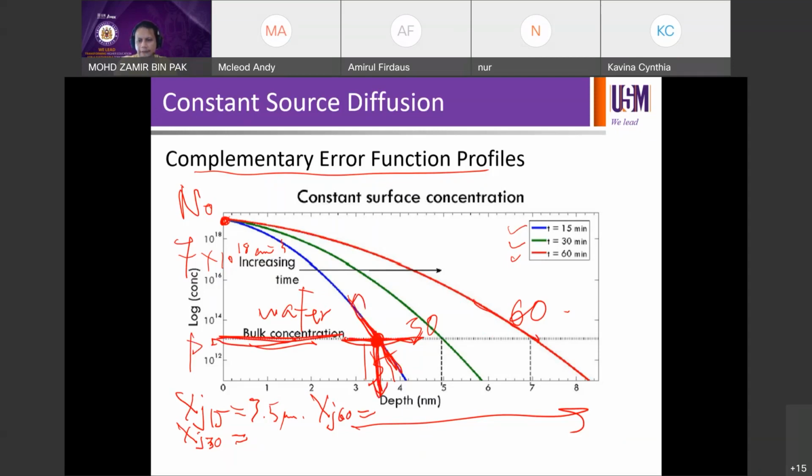Amirul? Okay, Amirul, can you see this intersection point? Oh, okay. Kan? Straightforward, right? So how about XJ30 then? What is that junction depth? 4.9, yeah, about 4.9, right? 4.9, close to 5. Okay, 4.9. How about the last one, XJ60?